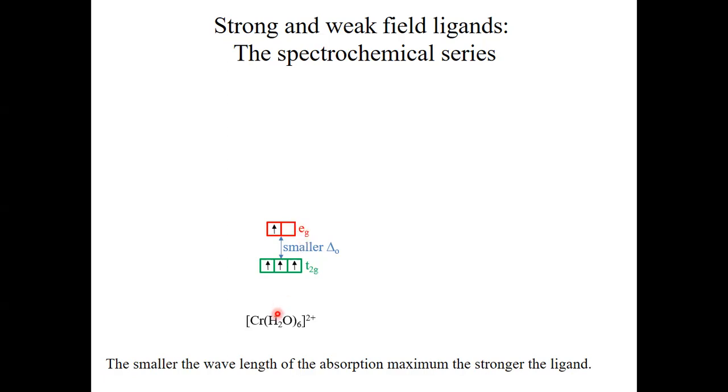available. So now the aqua ligands do not produce a very strong crystal field. Okay, so for that reason, we have a high spin complex here, as you can see.